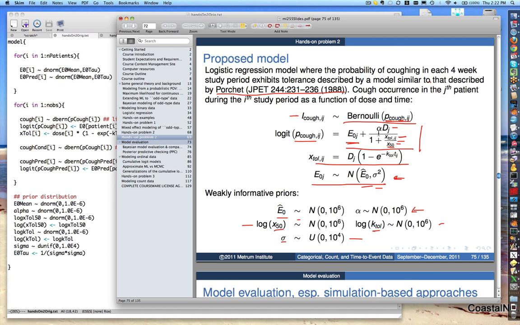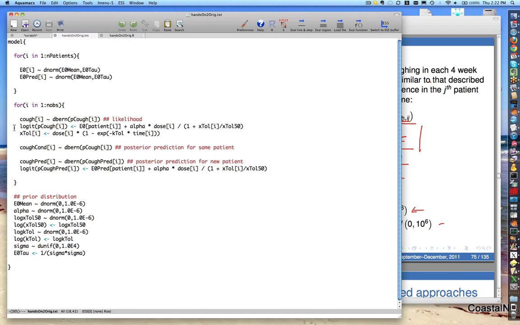Then I've got to describe this function here. So our logit for our P cough here, our probability of a cough. So I've got my baseline value, and more on what's going on here in a second, plus our alpha times dose over our 1 plus xtol over xtol 50.